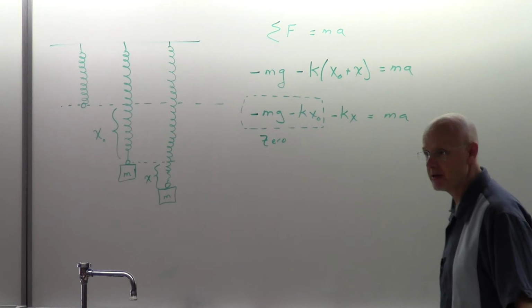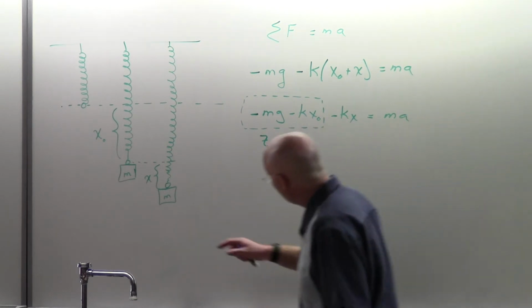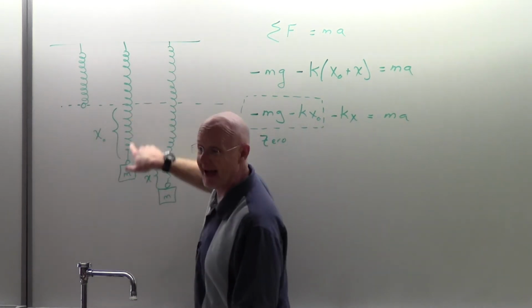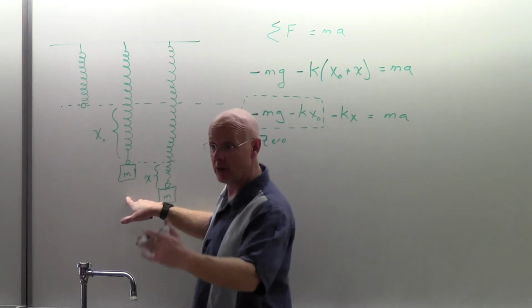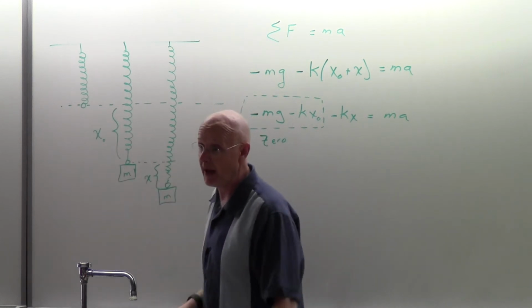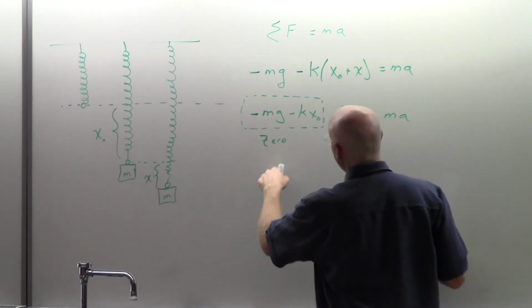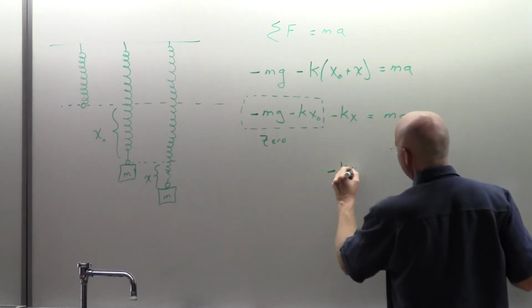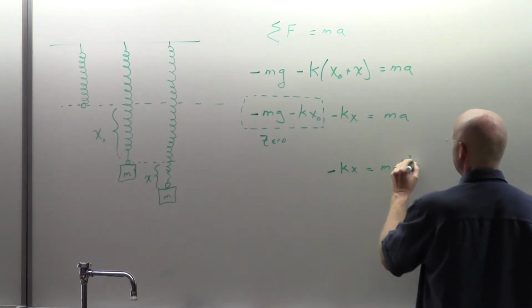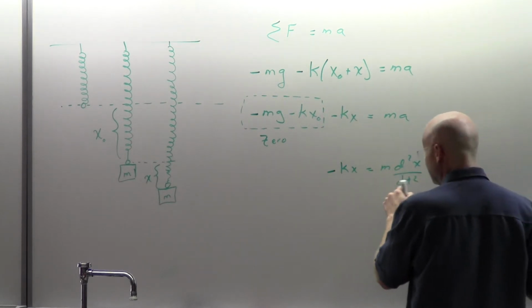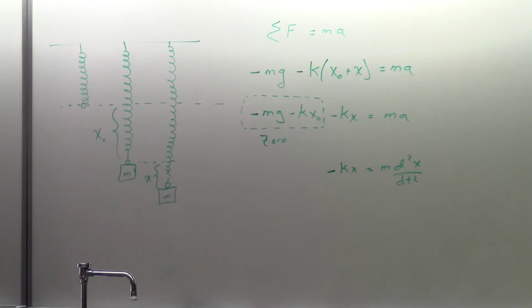How do I know those two come out to be 0? Yeah, that was my whole point of hooking it up and calling that distance the point where it comes into static equilibrium. Then pull it beyond that. That's why it was nice to break those apart. So when those go away, you have minus kx equals m times the second derivative. And then doesn't that look like this? And so again, I would say the horizontal spring and the vertical spring give me the same equation.